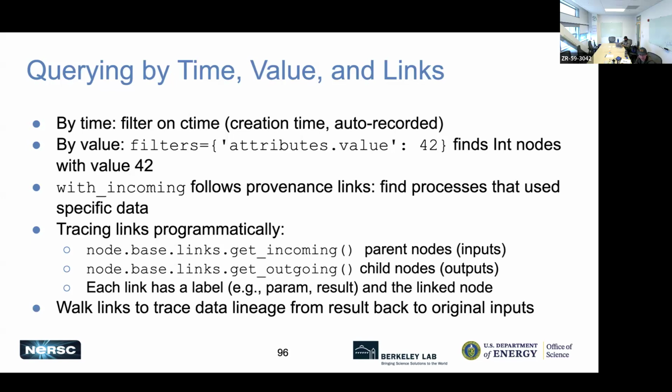And so this is the way that you put something together programmatically if you want information like, this is the result that I care about for some reason. Find me every input that went into generating that result. Or this is an input that I later found out was faulty or corrupted somehow. I need to generate the list of all of the outputs that are downstream of that in history so that I can rerun them or remove them from consideration somehow.